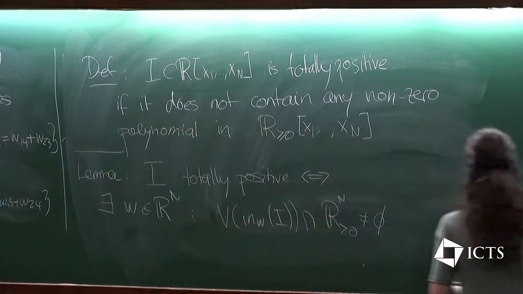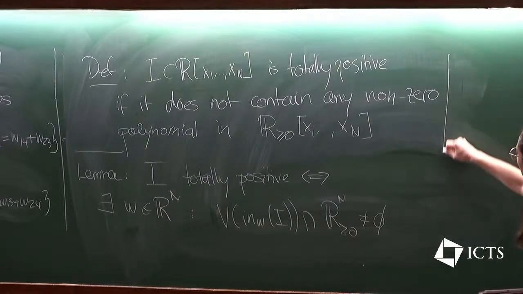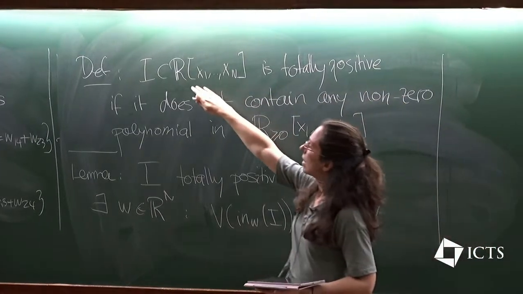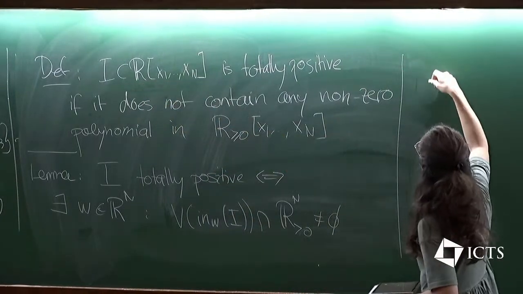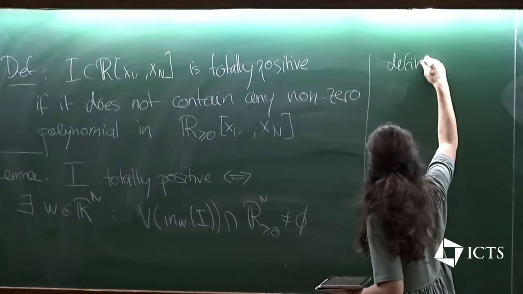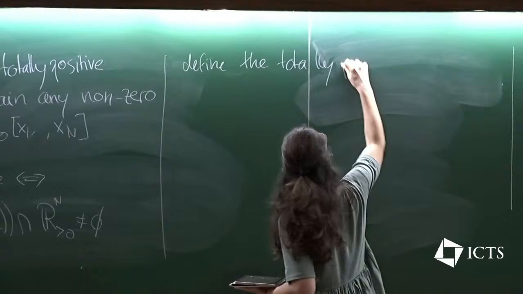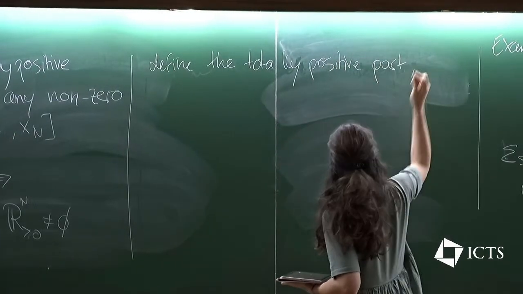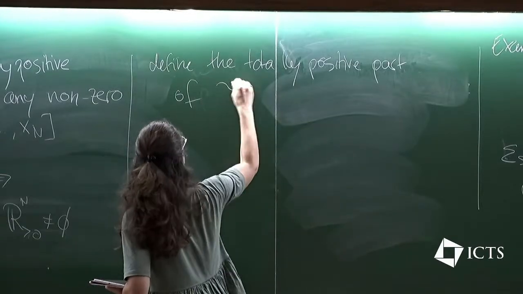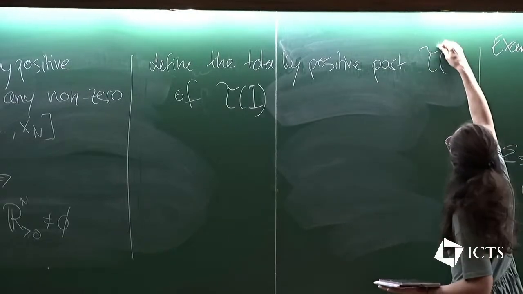And then inside my tropical variety, if I am in the case where my ideal lives in the polynomial ring with real coefficients, then I can define the totally positive part of the tropicalization of I, and I will denote it by T plus.